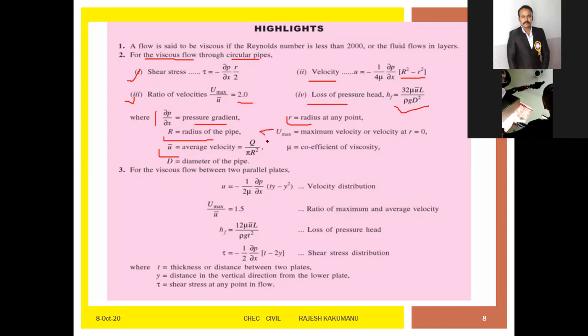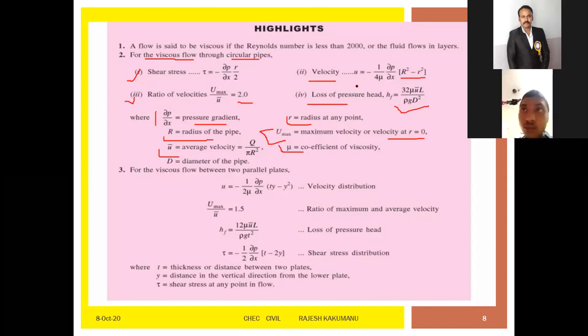U max is the maximum velocity, the velocity at r equals 0. Mu is the coefficient of viscosity. These are the notations you will get in the problems. Whenever you get laminar flow problems, you have to write these notations, and then use the pressure head loss formula and other formulas related to laminar flow. D is normally the diameter.